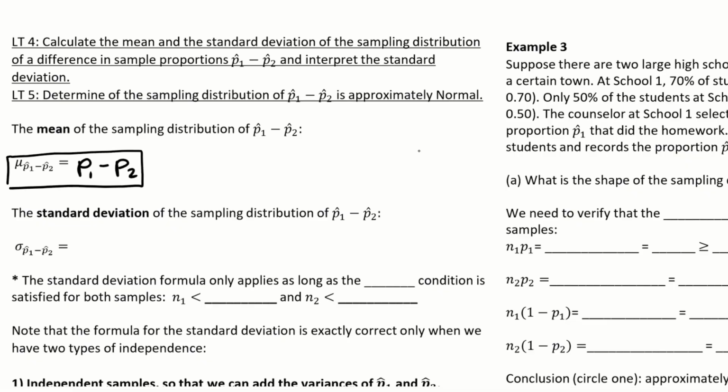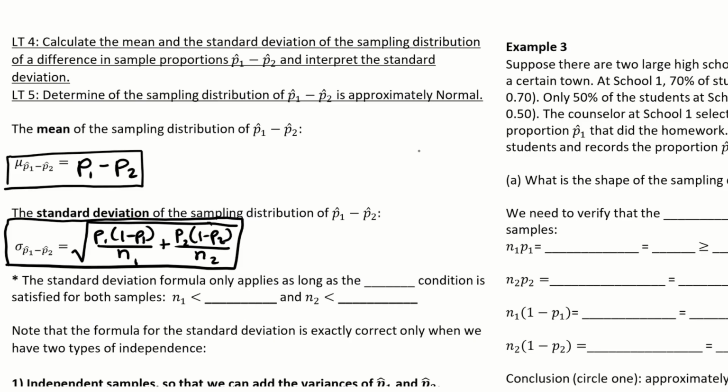All right, now the standard deviation is going to be as follows: the square root of p1 times 1 minus p1 over n1. Remember, this is what we had for the sigma p hat. But since we have a p hat 1 minus p hat 2, we're going to include another term, which includes the p2 terms: p2 times 1 minus p2 over n2. All right, so this is our formula for that.